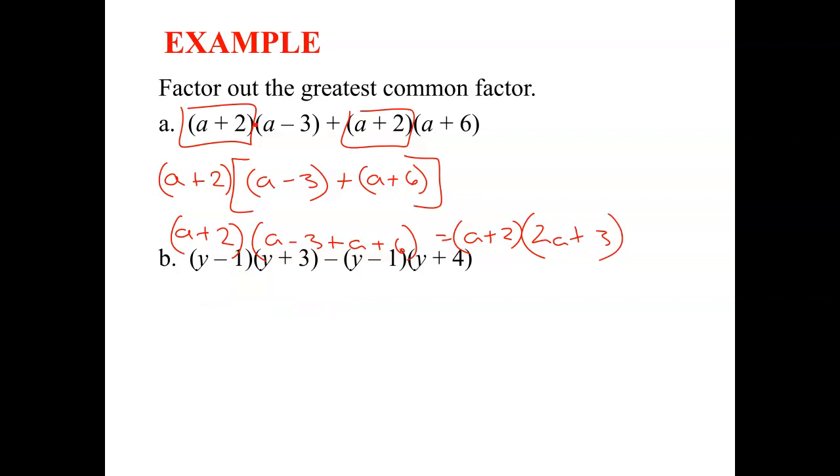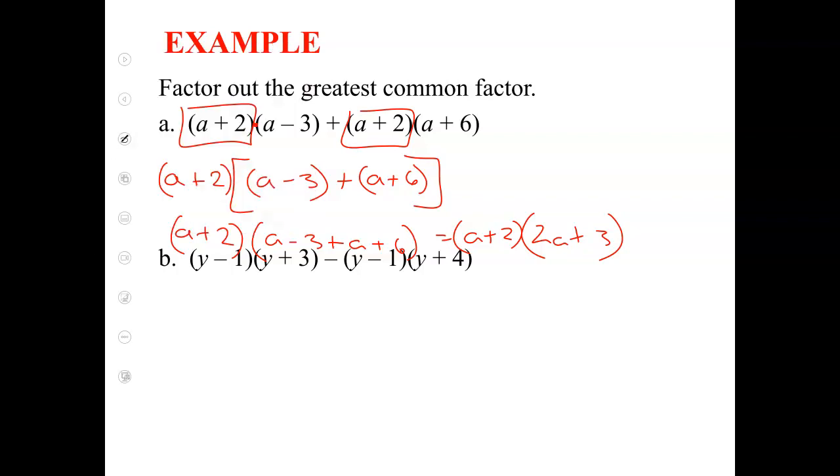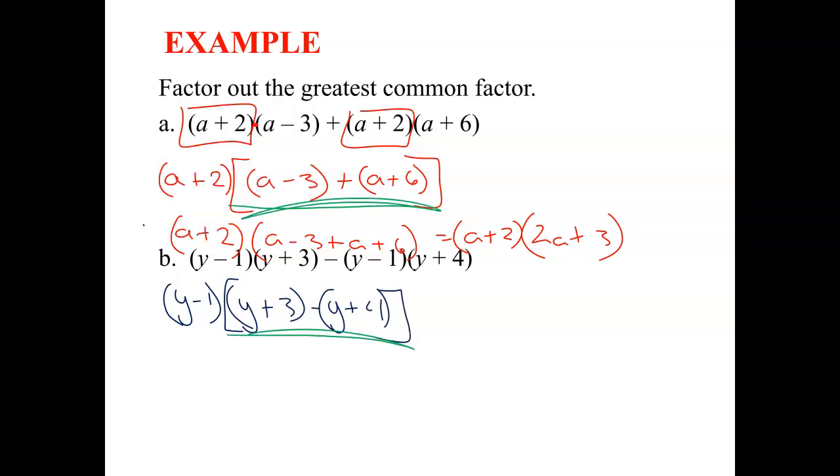Now it's factored. What's my greatest common factor for b? Y minus 1. So factor out y minus 1 and then look at what we have left. But be very, very careful. What's the notable difference between that and that?